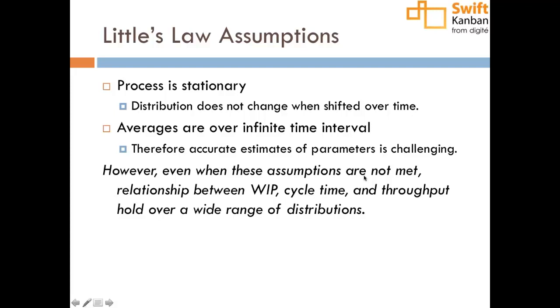Okay. Both of these assumptions turn out to be challenging in practice. However, even when these assumptions are not met, the relationship between the WIP, cycle time and throughput in terms of proportion, in terms of, when the WIP goes up, the cycle time will go up if the throughput stays the same, that directionality of the relationship holds over a very wide range of situations, let's say.